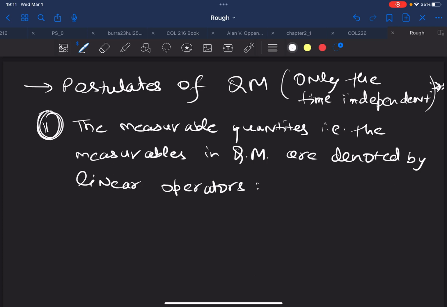Okay, so we have a linear operator for each observable. We have a position operator for position. We have a momentum operator for momentum. We have an angular momentum operator. We have spin operators, etc.